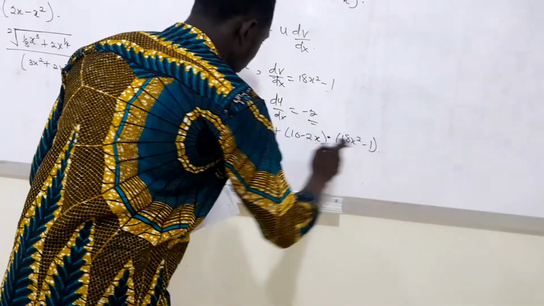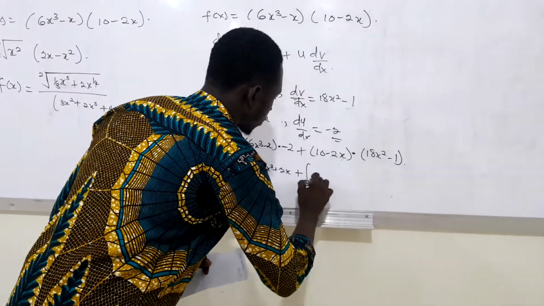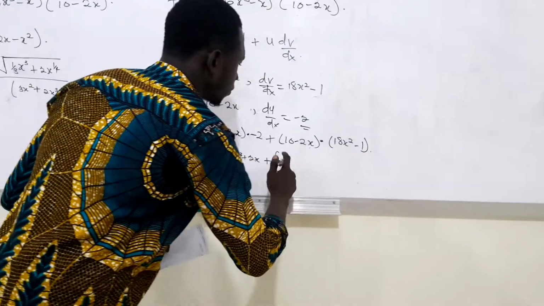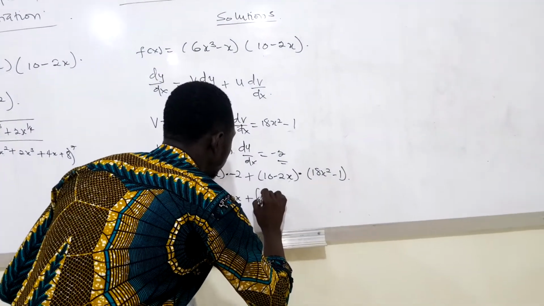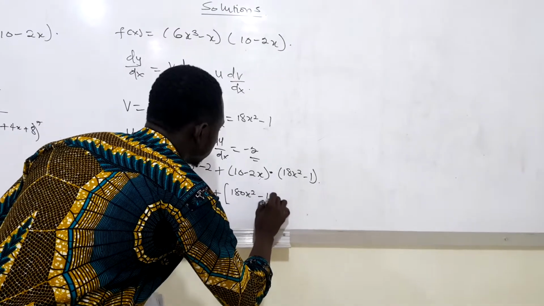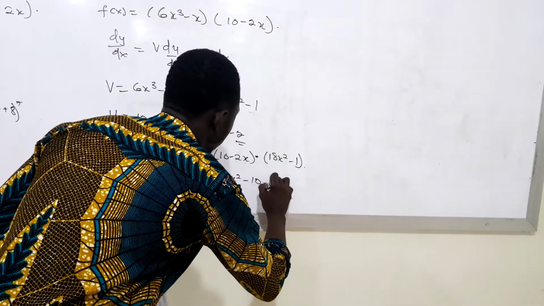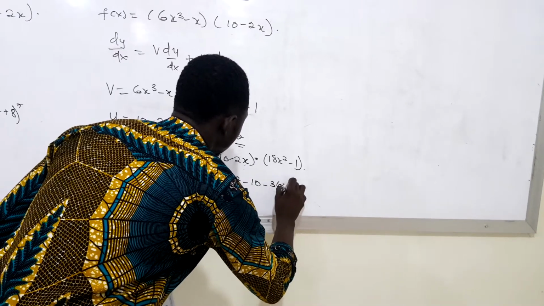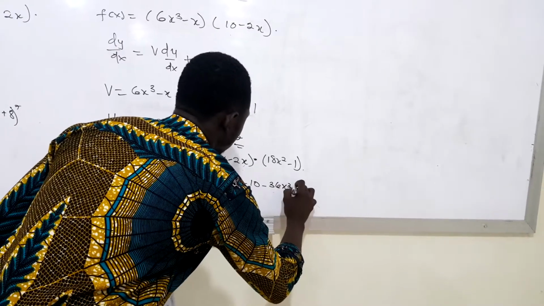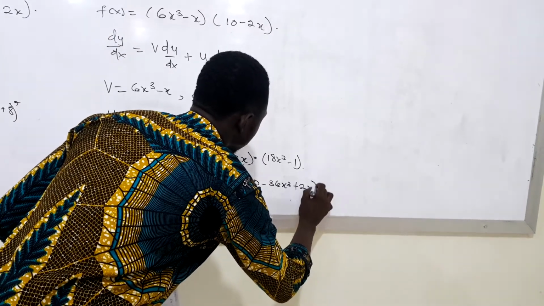Then we should expand this one, that is plus, we are going to get something like 180x squared minus 10, then minus 36x cubed, then plus 2x.